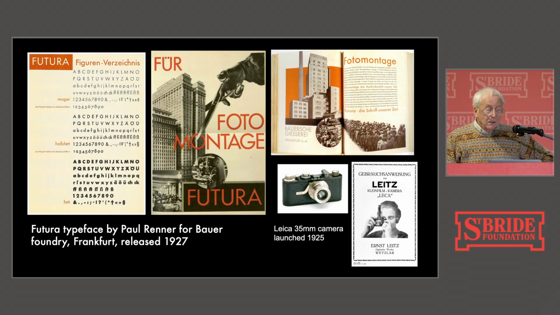And you'll see Bauer promoted Futura by its alignment with the principles of the new typography. It lent itself to asymmetrical layout. It was well integrated with photographic text, and it came in various weights and indeed different forms that would allow greater flexibility.